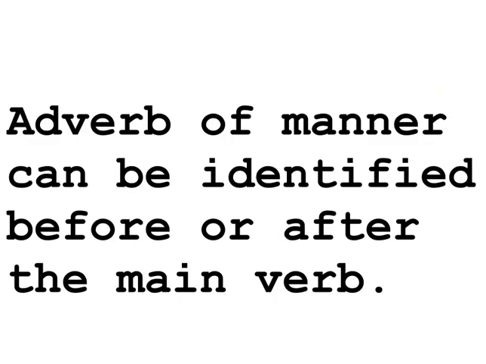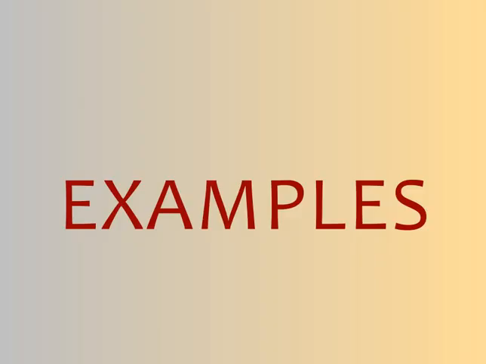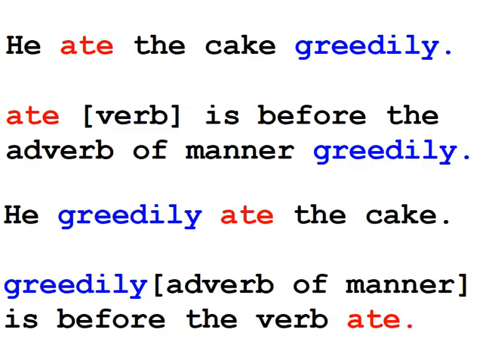Now, we said that adverb of manner can be identified before or after the main verb. Now we are going to look at examples of adverb of manner. We said that he ate the cake greedily.